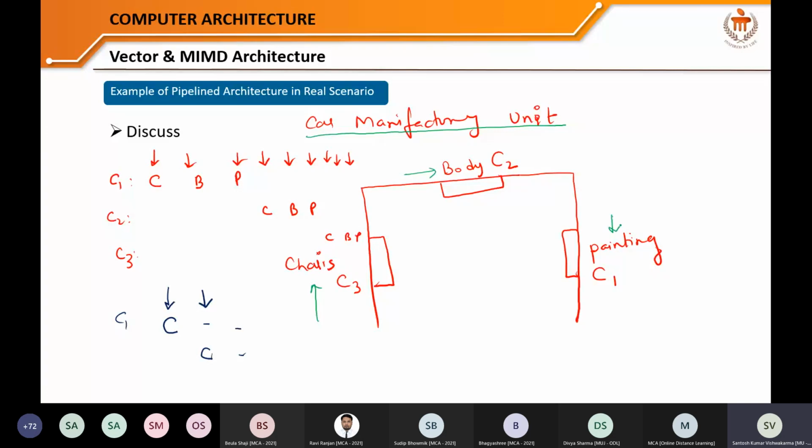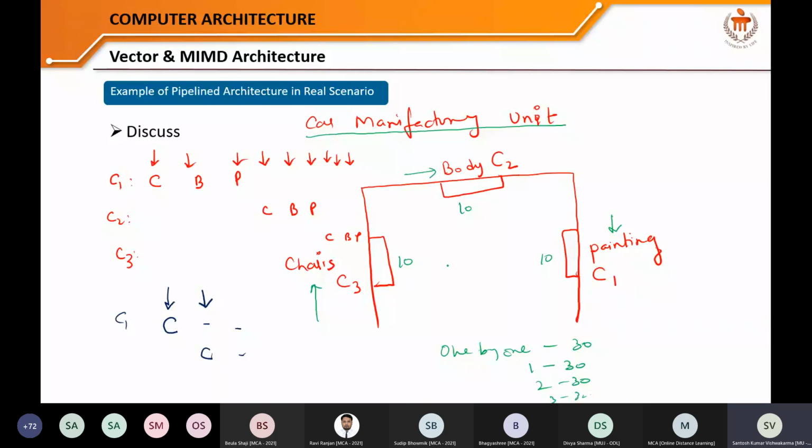If you go through one by one, it will take the entire time. Say it is 10 hours, 10 hours and 10 hours, so it will require 30 hours. One car will take 30 hours, the second the next 30 hours, the third the next 30, and so forth.